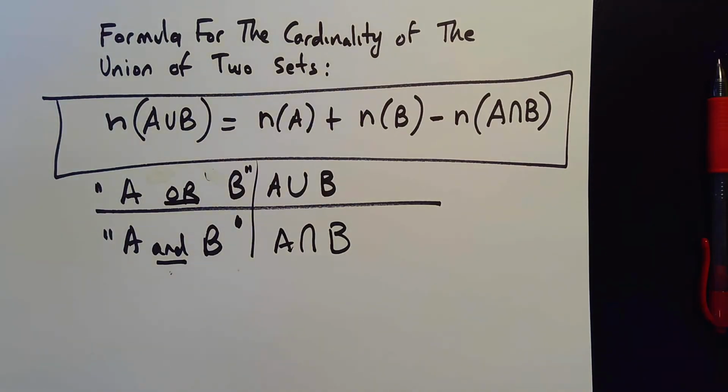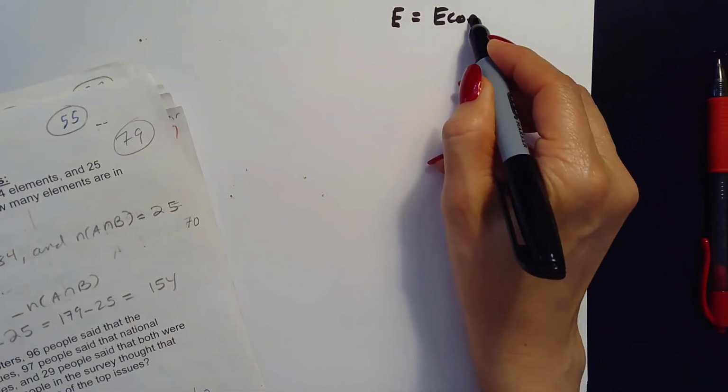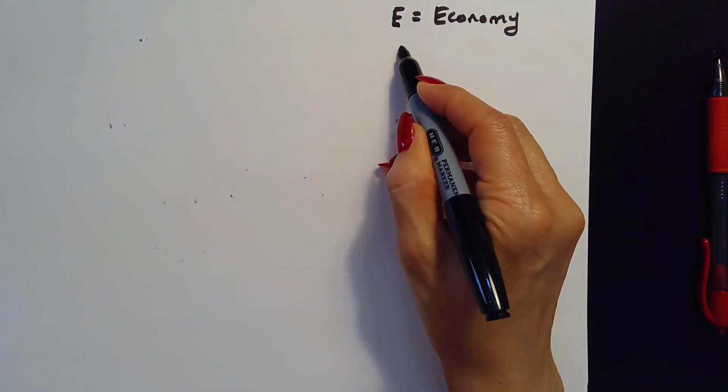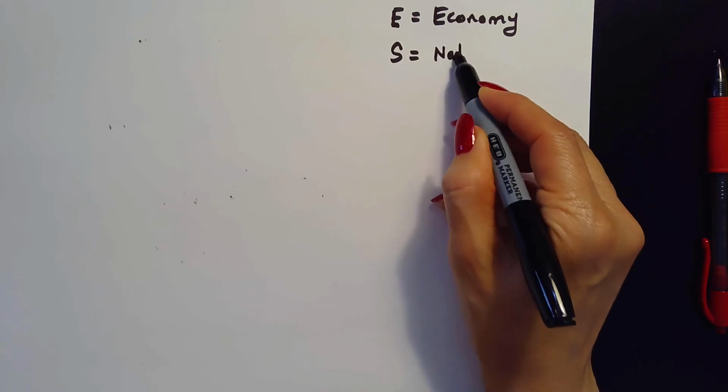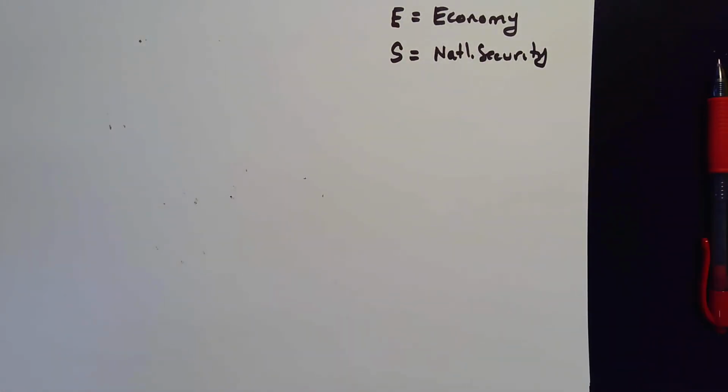All right, so let's set it up. Remember E is for the economy, the number of people that think that the economy is a top issue. S is for national security, the number of people that think that national security is a top issue.